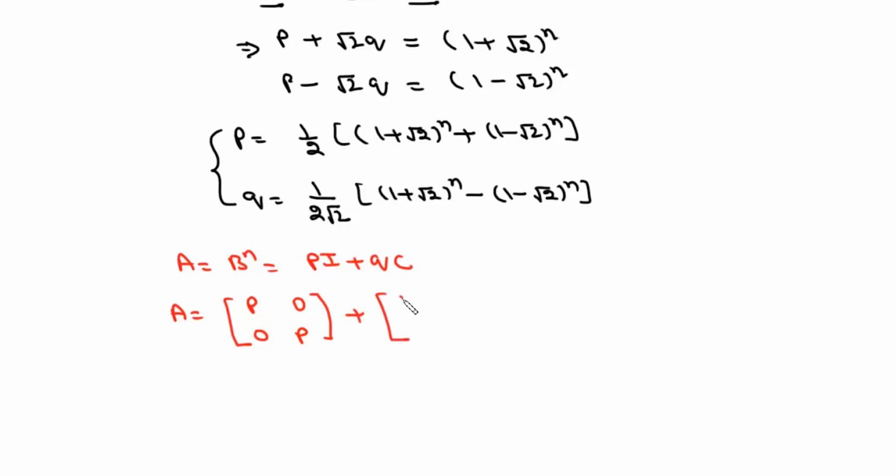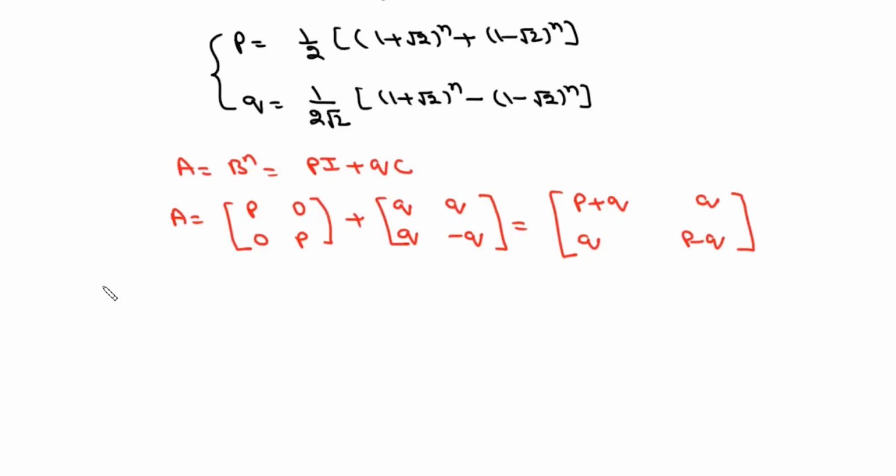So there will be Q, Q, Q, minus Q. So this A will be P plus Q, and this is Q. This is Q, and this is P minus Q.